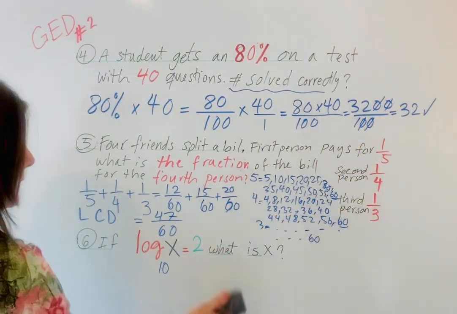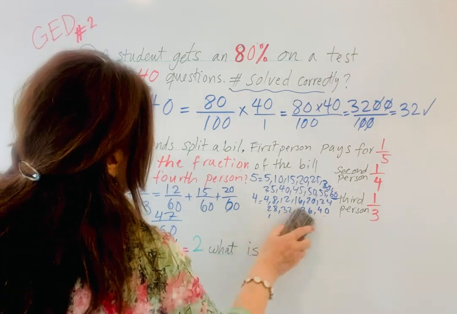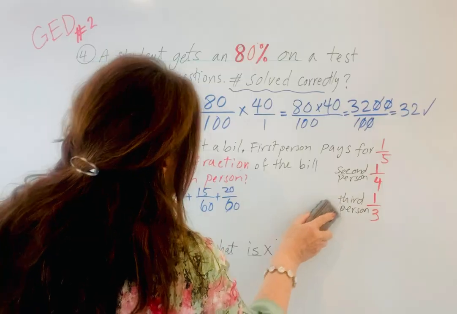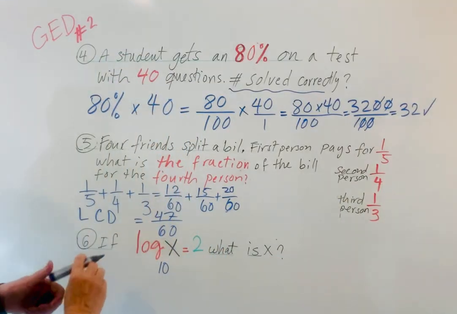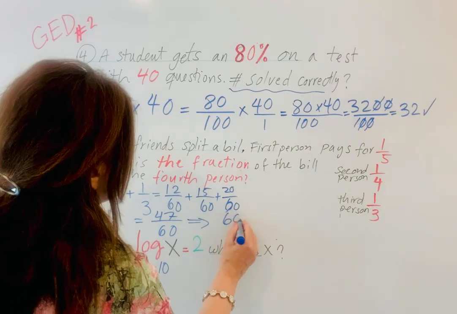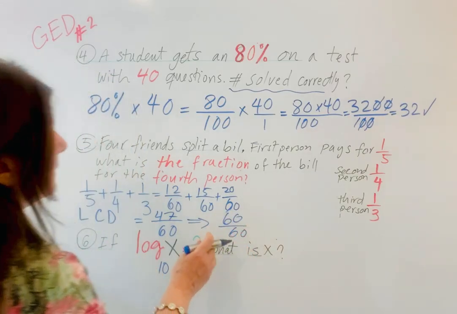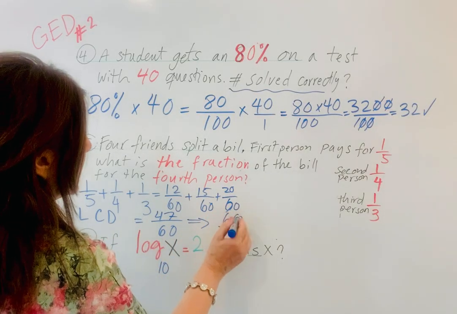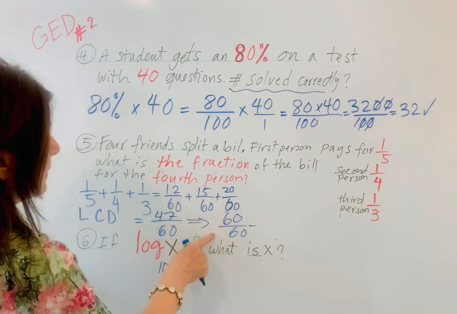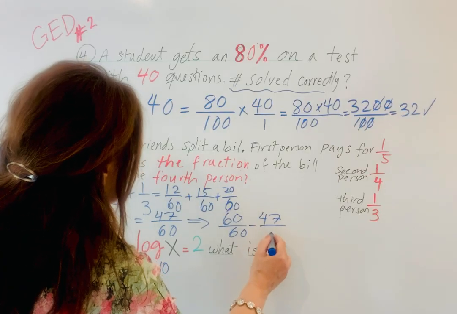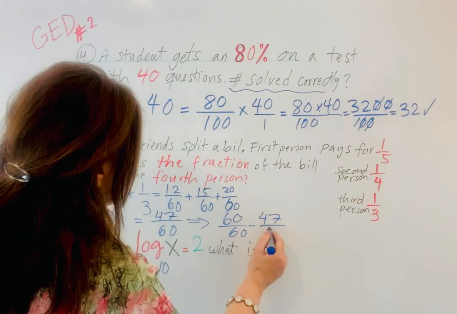But how about the fourth person? The fourth person is the remainder from this to 1. What is 1 here? When you have a denominator of 60, 60 over 60 is the whole bill. Yes, 60 over 60 is 1. So the whole thing minus the sum of the fractions of these people.